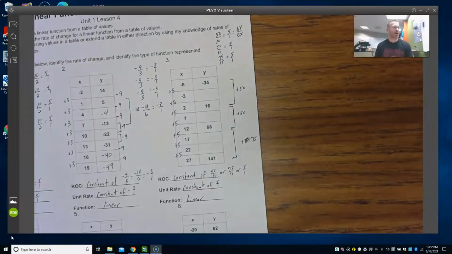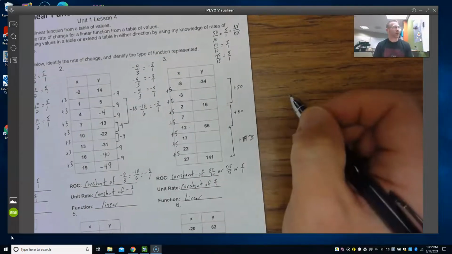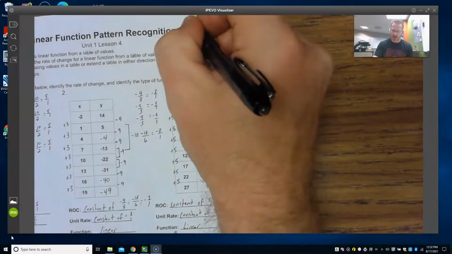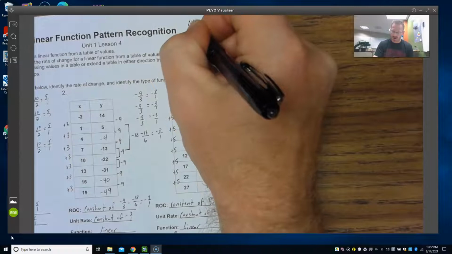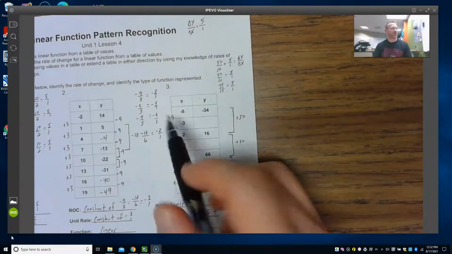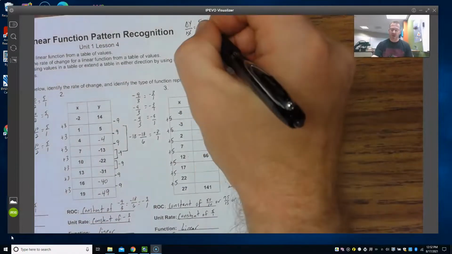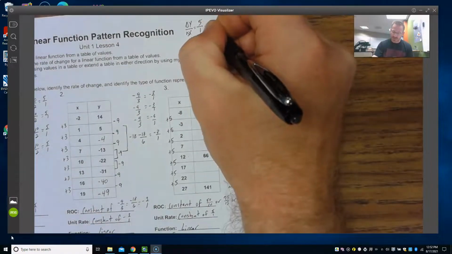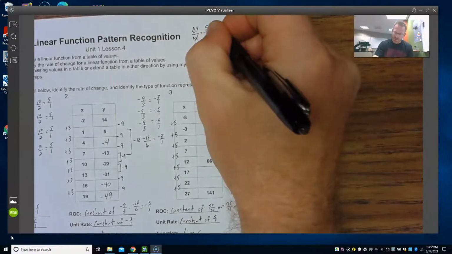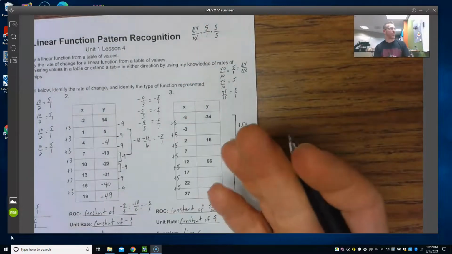So now what do I do? I have to use my knowledge of fractions. I'm going to go right up here: 5 to 1. That's our change in y to our change in x. And I want this to be a 5 because I want my x to change by 5. So I'm going to use my properties of fractions and multiply by 5. Here's one of the properties of numbers: I have to multiply by 5 over 5 because that's really like multiplying by 1.